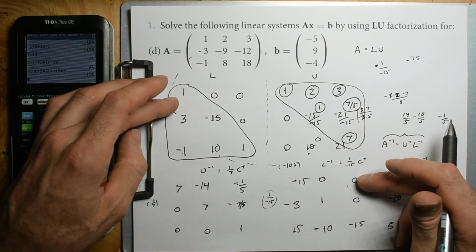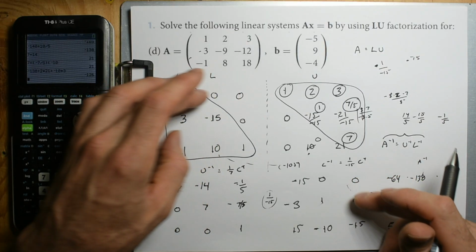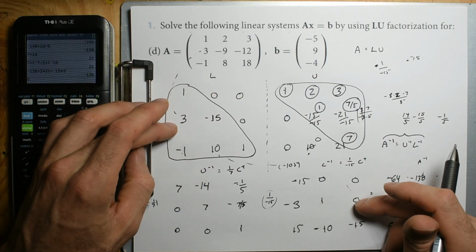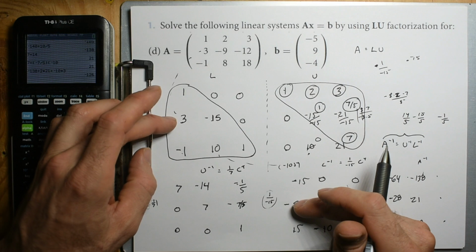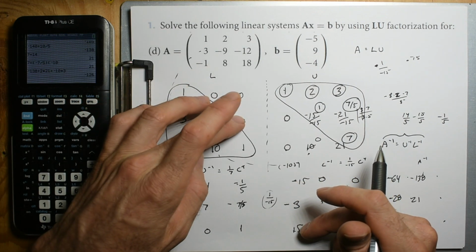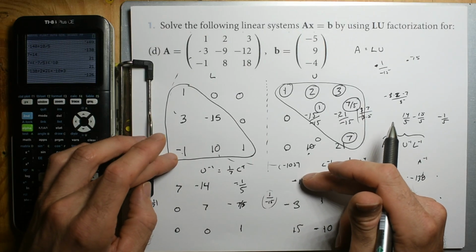All the others should be 0. So if I wanted this value, we would have 0. This one would be 0. This one would be 0. Cool. This one would be 0. So, yep, those are opposite. This one should be 0. So 15.